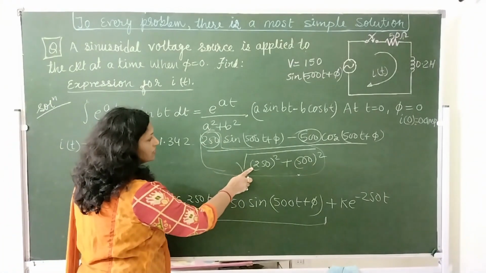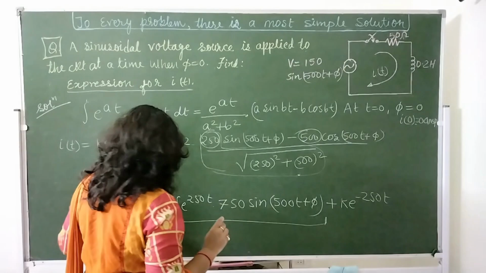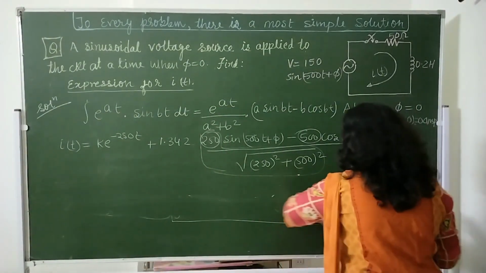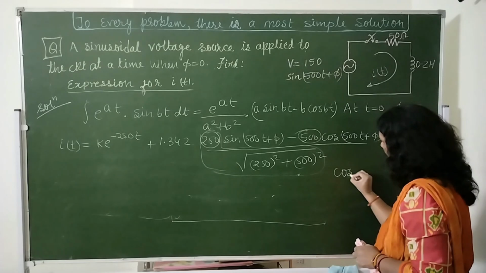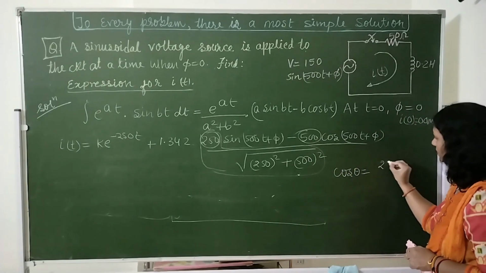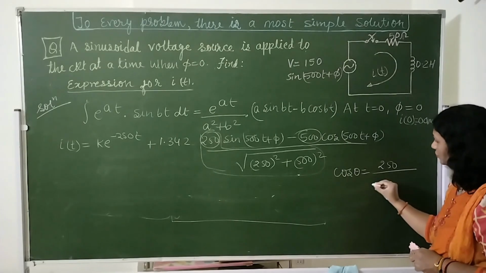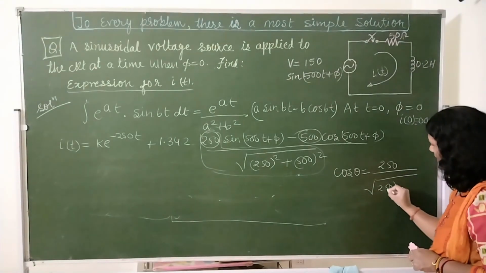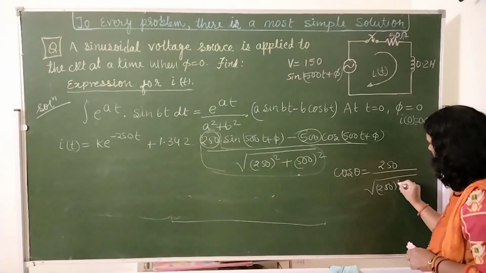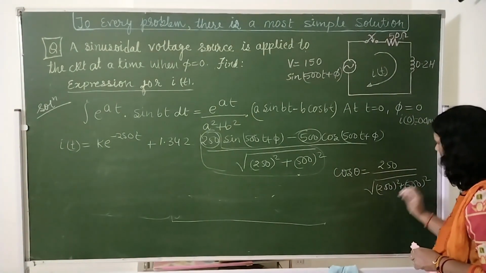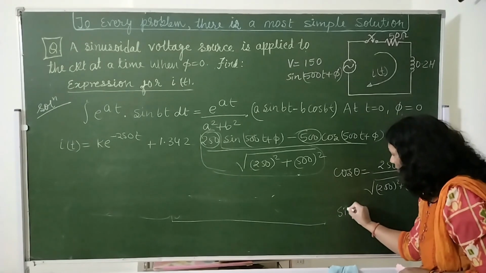Yes, this is cos theta and this is sin theta. Now we will replace this 250 divided by the square root of 250 squared plus 500 squared with cos theta to make it an identity. You can also replace it with sin theta, but then a different identity will appear.